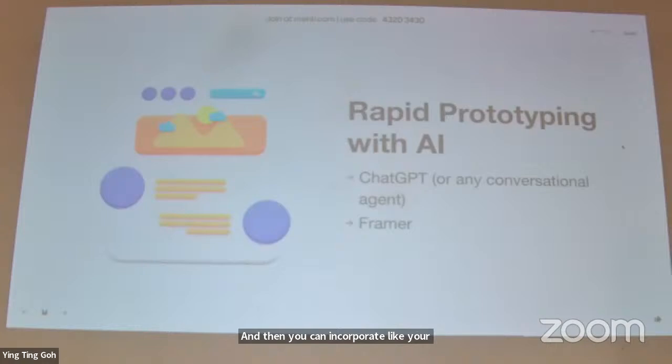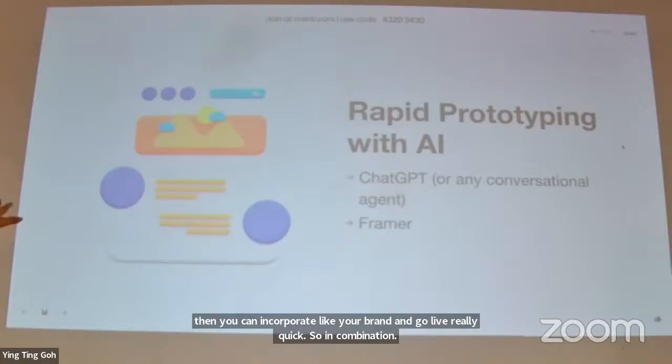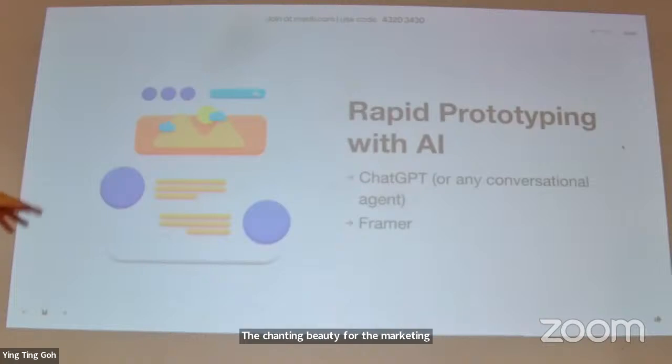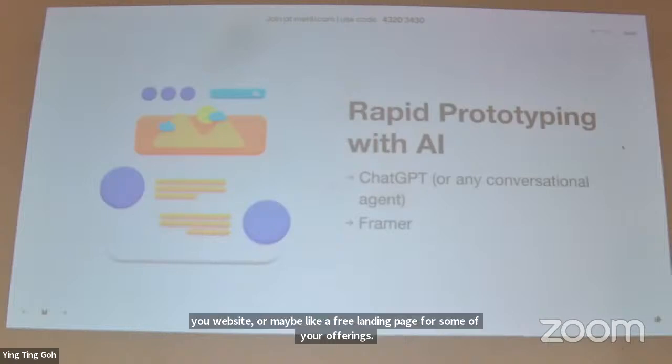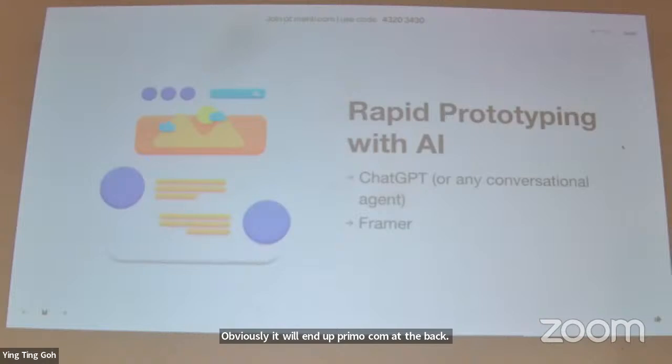So in combination, ChatGPT for the marketing strategy and the copy to begin with, together with Framer, I will show you how you can have something up and running very quickly. Framer also has a free plan, so if anybody is looking to use a free website or maybe a free landing page for some of your offerings, obviously it will say .framer.com at the back, but you can have a free version. If you want to connect your domain, you can also connect the domain.